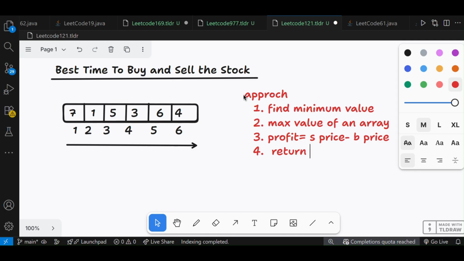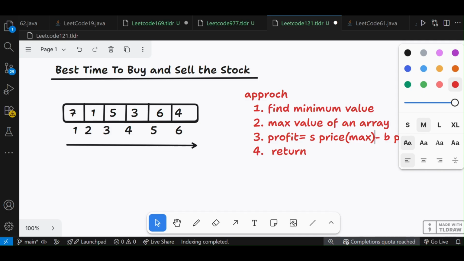Sell price is my maximum value, because on the day the price is maximum we get more profit, so on the maximum price day I sell my stock.